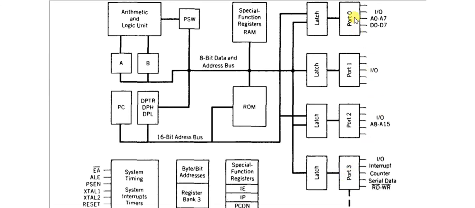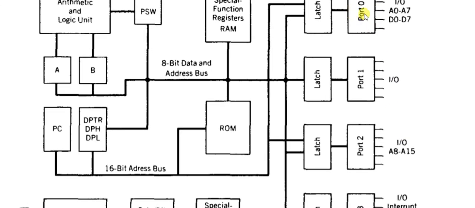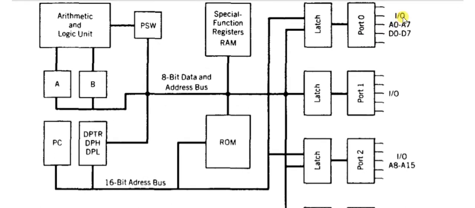Port 0 can work as an IO pin, as well as a multiplexed address and data bus, AD0 to AD7, for external memory interfacing.